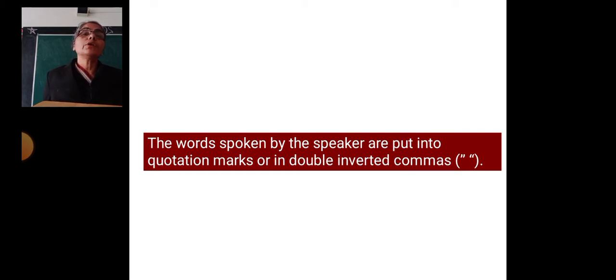The second important point that we must remember is that the words spoken by the speaker are put within double inverted commas. Double inverted commas are also called double quotes.